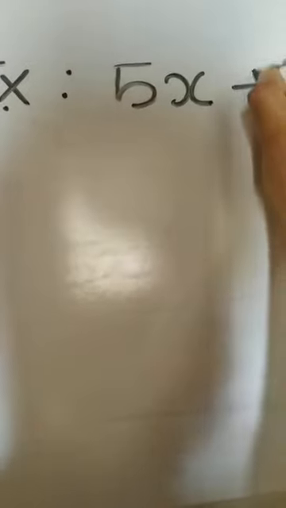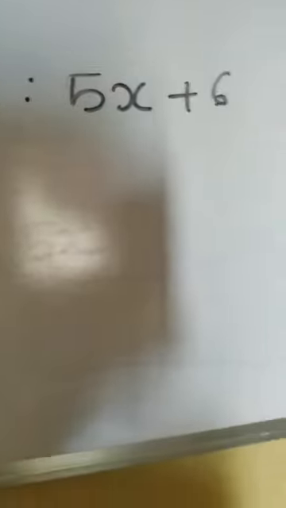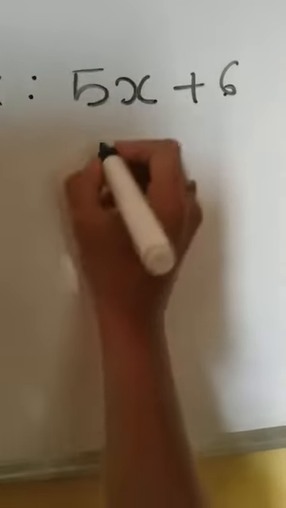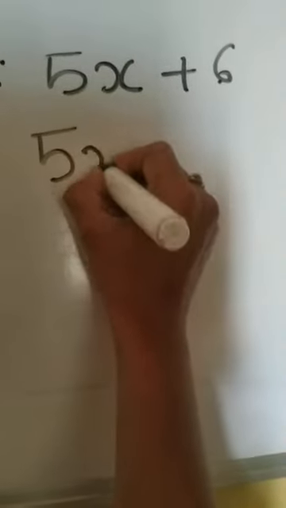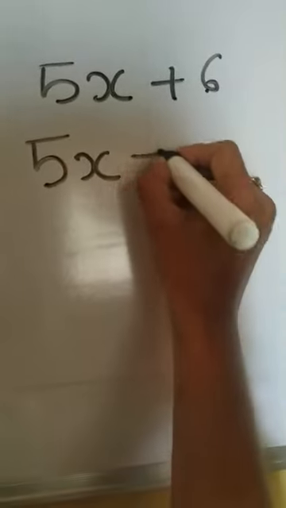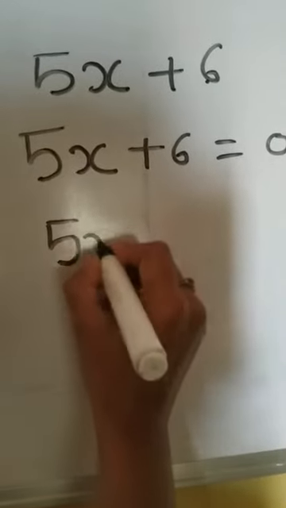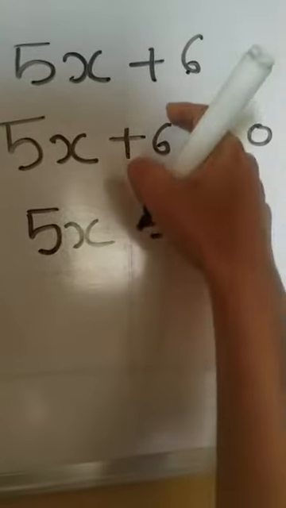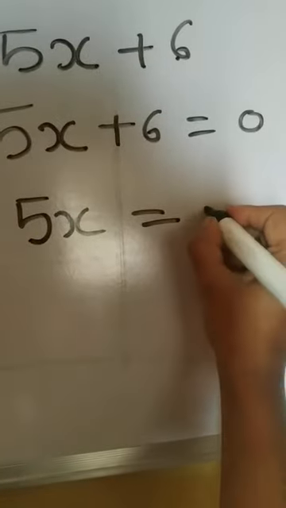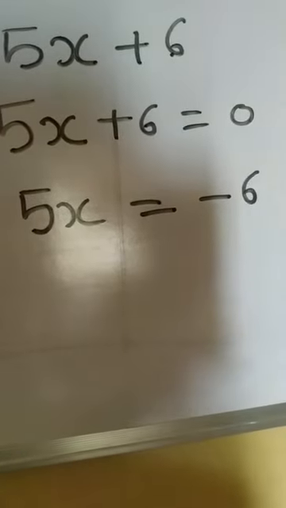Suppose if we are writing it in the form of example, that suppose we have 5x plus 6 and we have to find value of x, means 0 of this given polynomial. The first thing is that we have to compare it with 0 and we have to shift all the things, means first we have to shift this 6, so it will become minus 6.